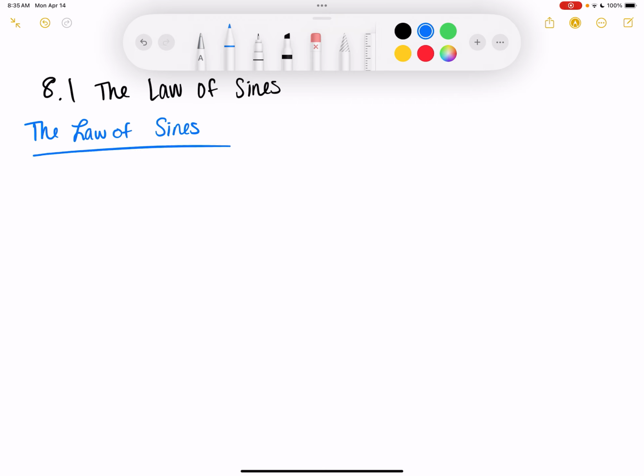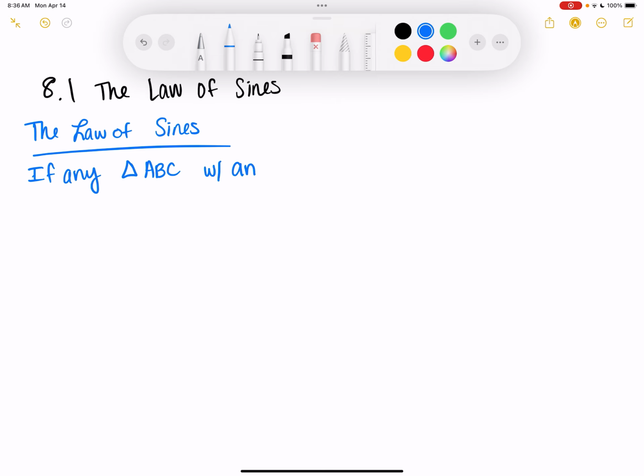specifically, it says, if any triangle ABC, and those are just the letters that we're going to use to denote the triangle to keep it easy. It doesn't have to be ABC, but obviously typically that's what we use with the triangle.